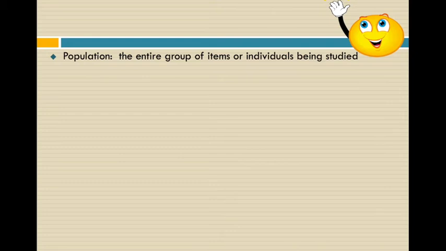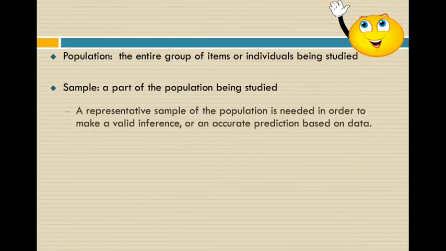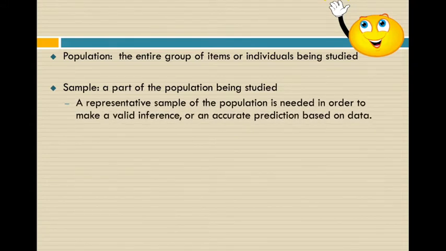Okay, what is a population and what is a sample? Population means the entire group of items being studied. And sample, of course, is a specific part of that group, or a representative sample. And it is needed in order to make a valid inference or prediction based on data.